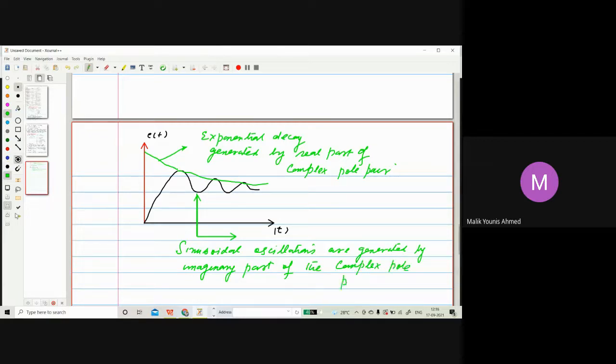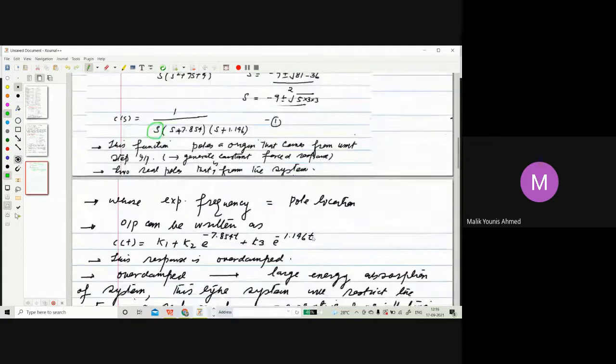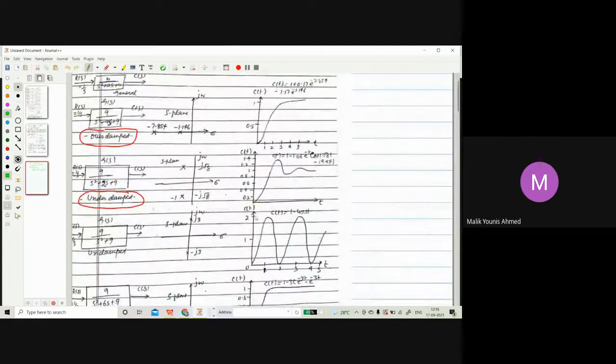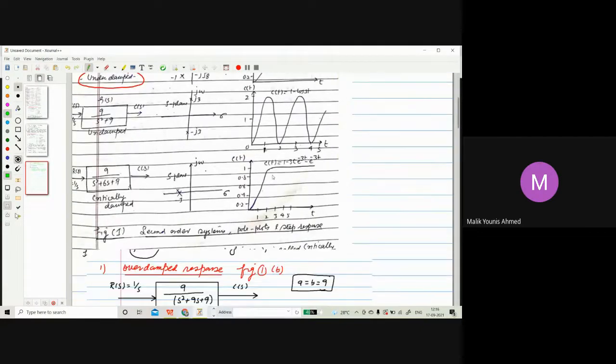So these two things are very important, and you should know them for each type of response. I have shown it here to be more precise, and this response will lie exactly like this. We have conjugate pairs, and each will have its own responsibility.